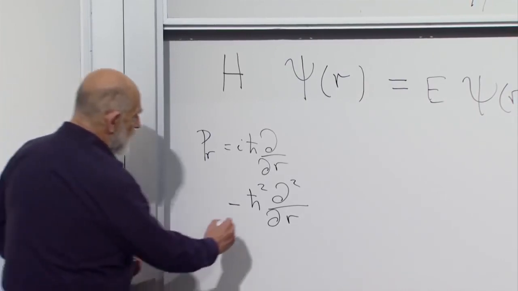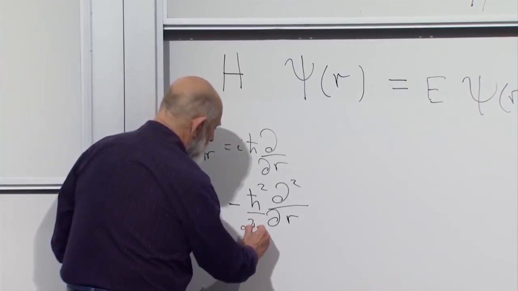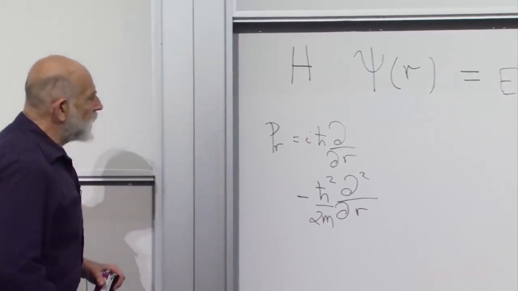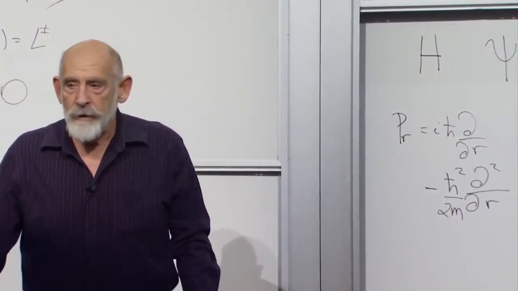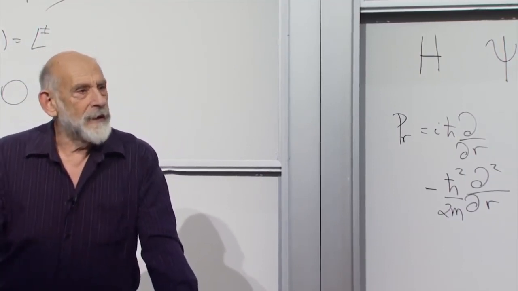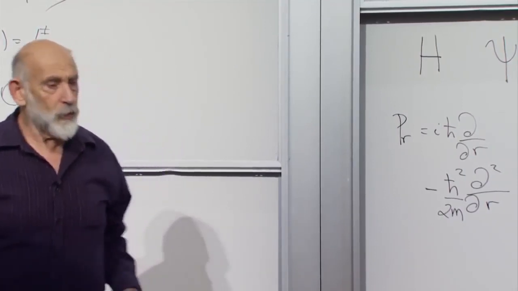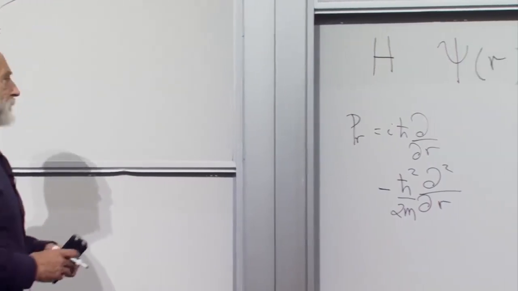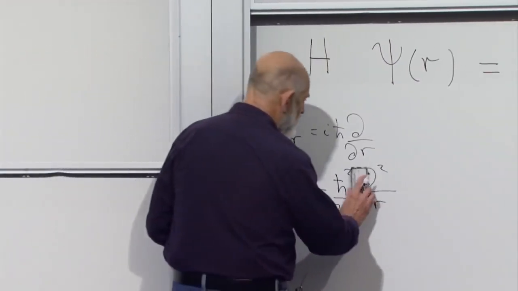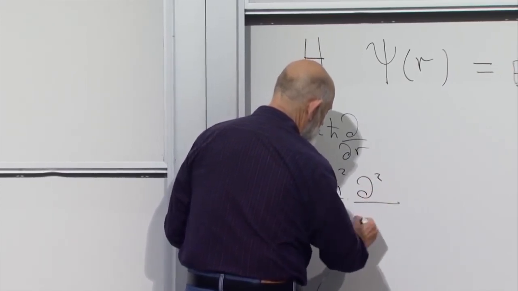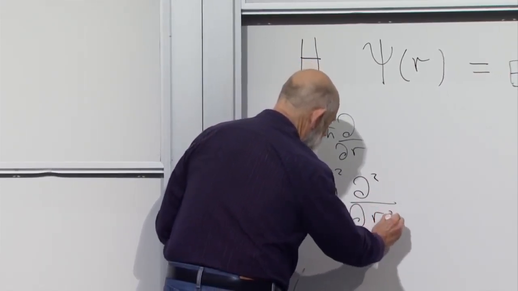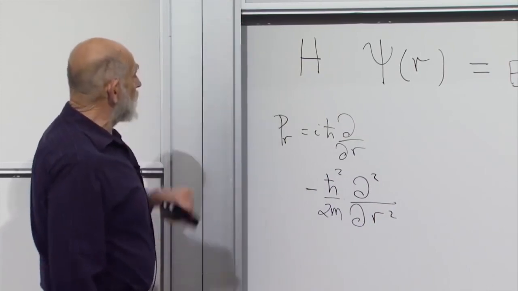I left something out. I left out twice the mass. Whose mass might I be talking about, incidentally? The planet Mercury? More likely the electron for this discussion, but it could be the planet Mercury too. I don't think we would bother doing quantum mechanics then. So it's h bar squared over 2m, d second by dr squared. That's the first term in the Hamiltonian.